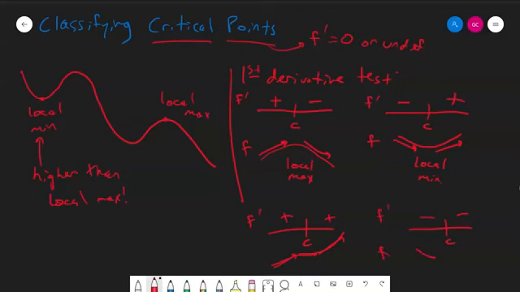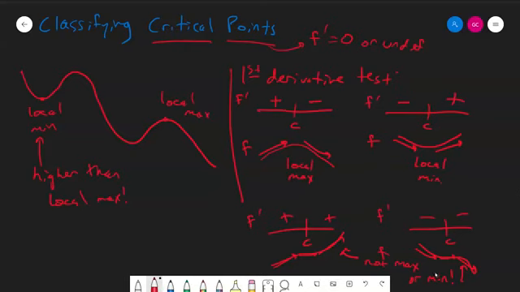Then f is decreasing, level, decreasing. In both of these cases, this is not a maximum or a minimum. So if you have one of these tables like we were making to find where f is increasing and decreasing, you get for free the location of the local maxes and local mins of that function.